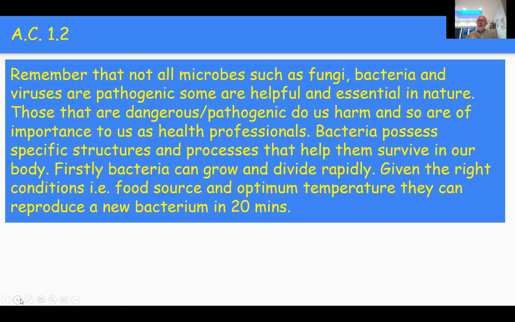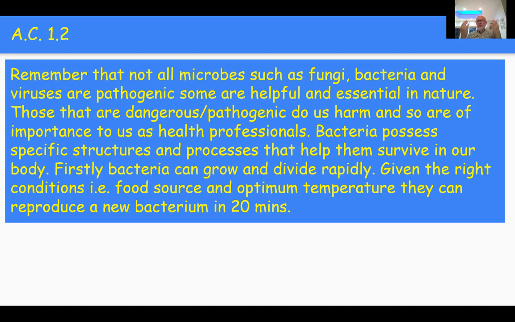So remember, not all microbes, such as fungi, bacteria, and viruses, are pathogenic, and some are helpful in nature. Those that are dangerous, pathogenic, do us harm. That's the thing about pathogenic: they do us harm.